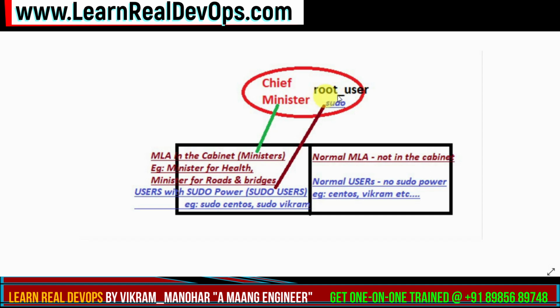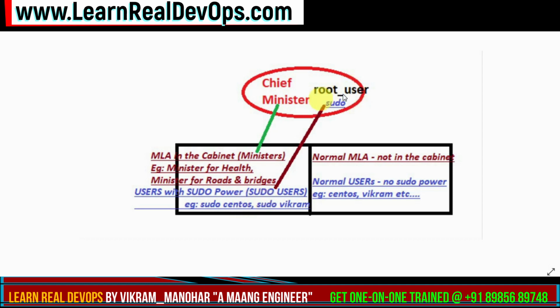When the sudo power of the root user is shared with normal users, then they are called sudo users. For example, if a root user shares his sudo power with the CentOS user, then he becomes a sudo CentOS user.